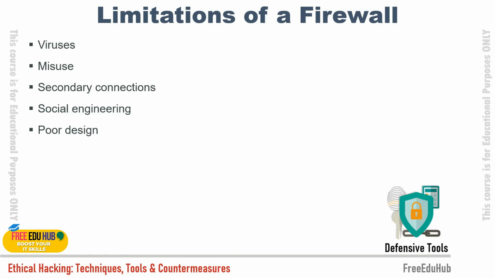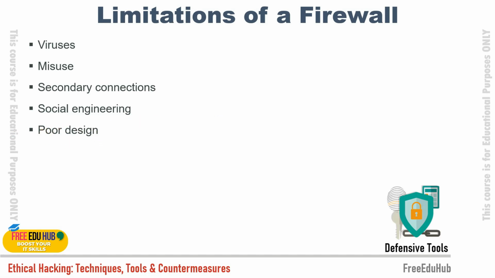Then we have social engineering. Firewalls are ineffective against social engineering attacks, where individuals manipulate others to gain unauthorized access and sensitive information. If network administrators unknowingly provide confidential information to unauthorized individuals, the effectiveness of the firewall can be compromised. And finally, we have poor design.